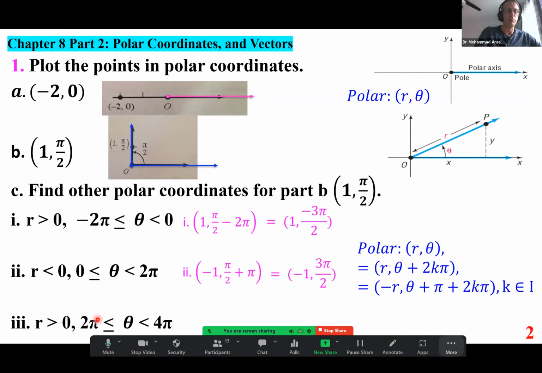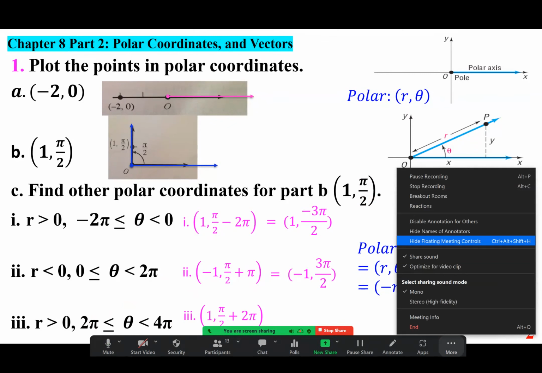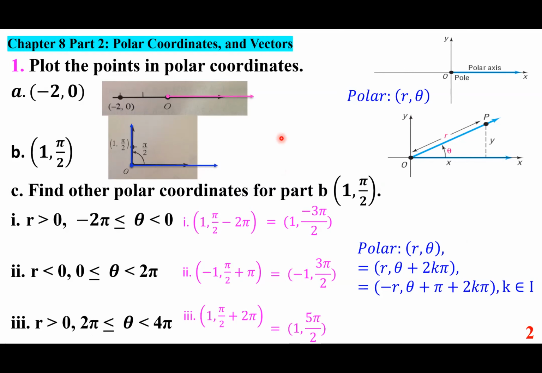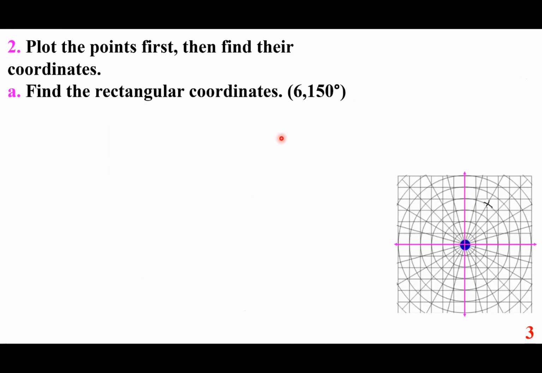If we wanted to go beyond 1 complete revolution, that means between 2 pi and 4 pi, just add a 2 pi to that, and there you have it. 1 comma pi over 2.